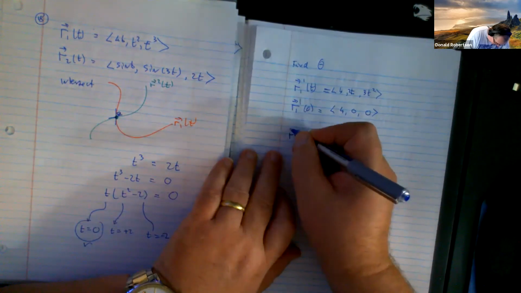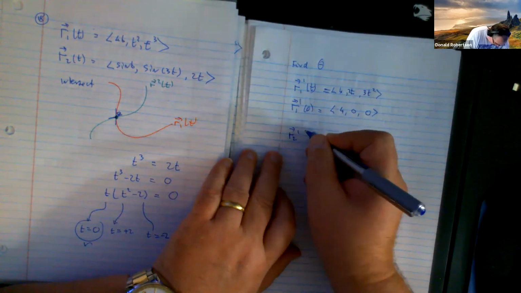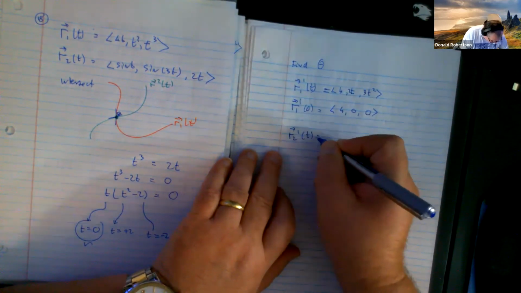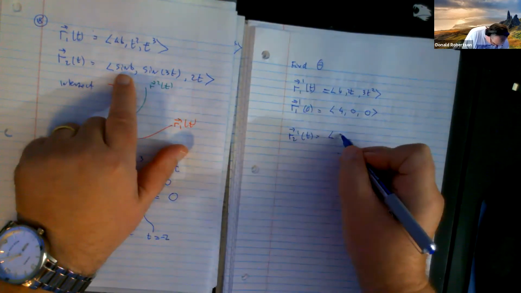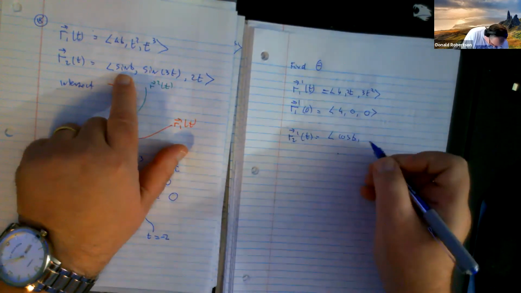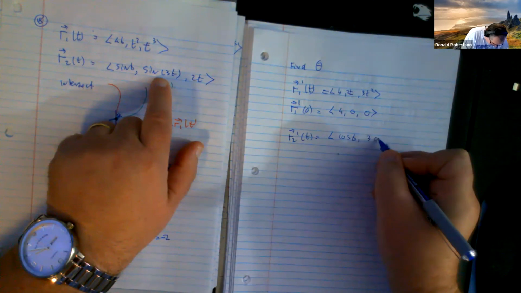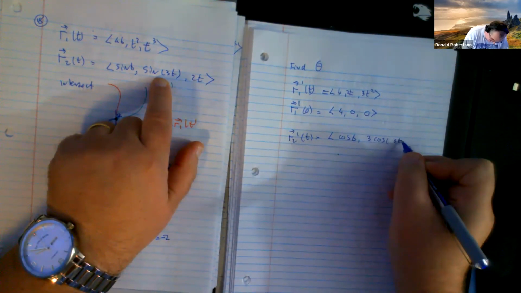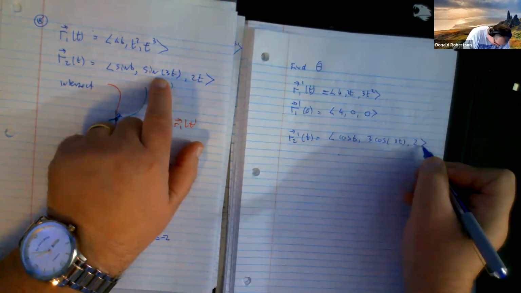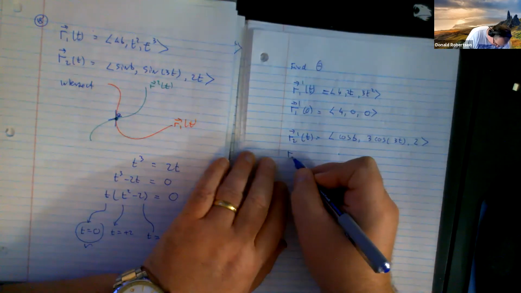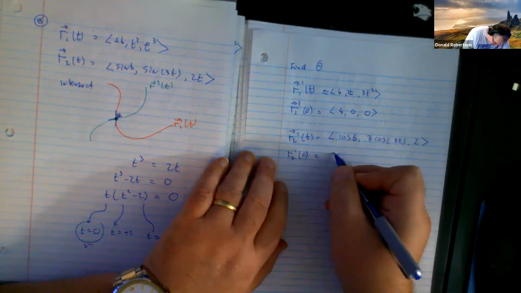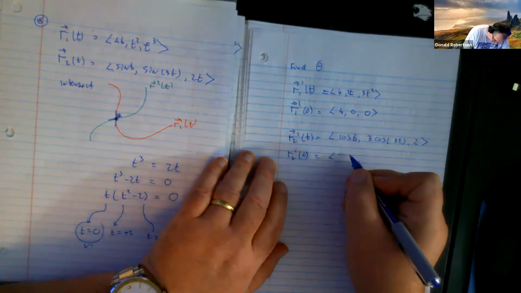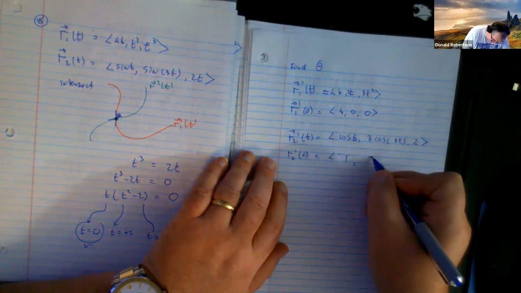If you then take the derivative of the second one, which is this guy, you get cosine t, 3 times the cosine of 3t, and you get 2. And if you plug in t equals 0 to this one, you get its direction. The cosine of 0 is 1, that's 3, and you get 2.